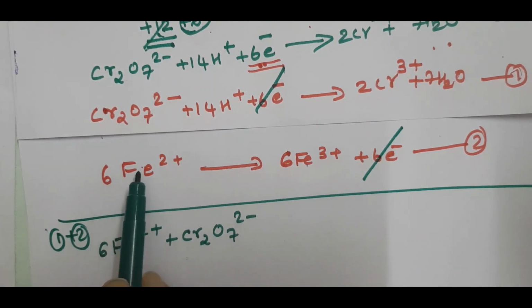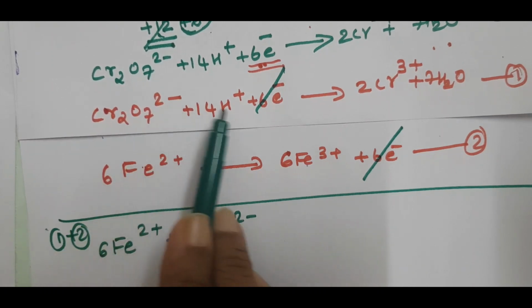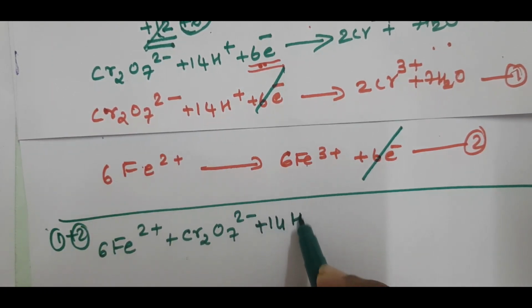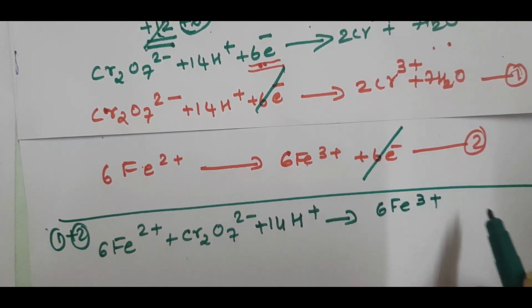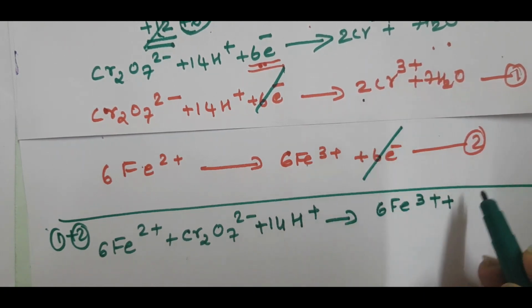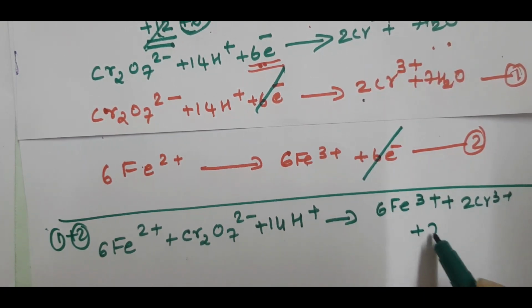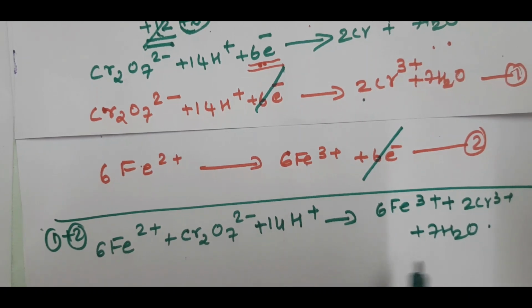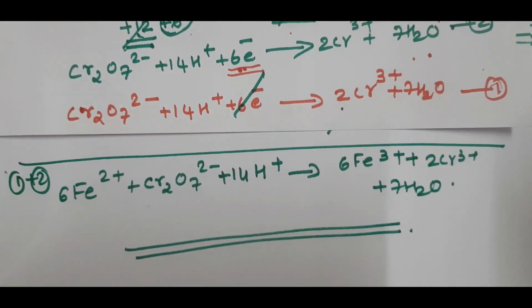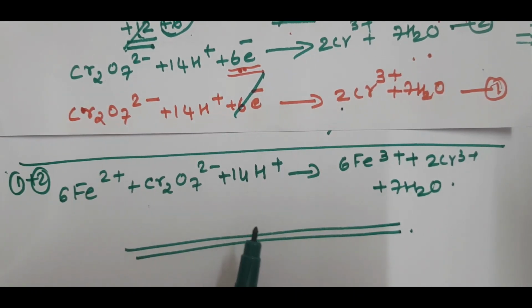You will get 6 Fe2+ plus Cr2O7 2- plus 14H+ gives 6 Fe3+ plus 2 Cr3+ plus 7H2O. Please recheck that the number of atoms are all the same. So this is our balanced redox reaction. Clear? This is our balanced redox reaction.